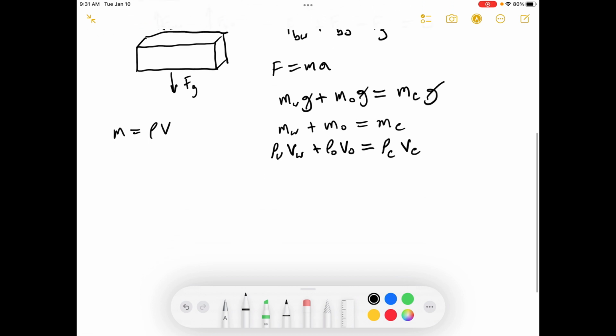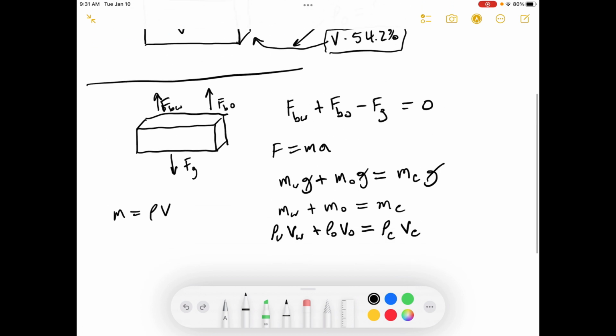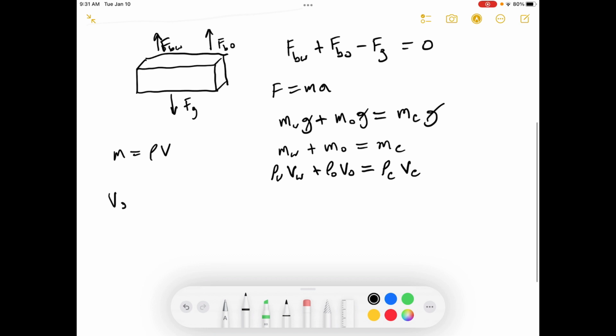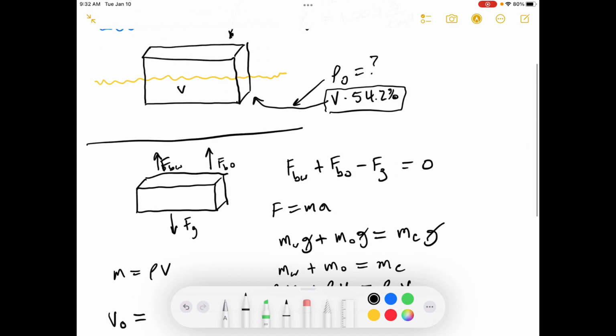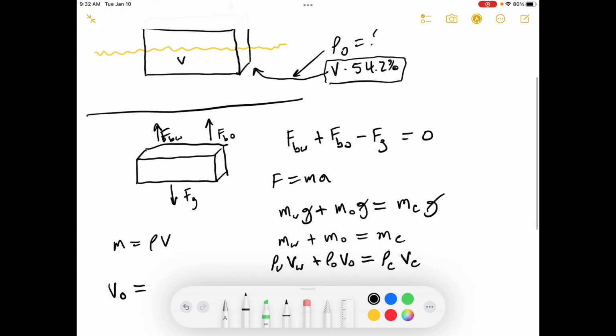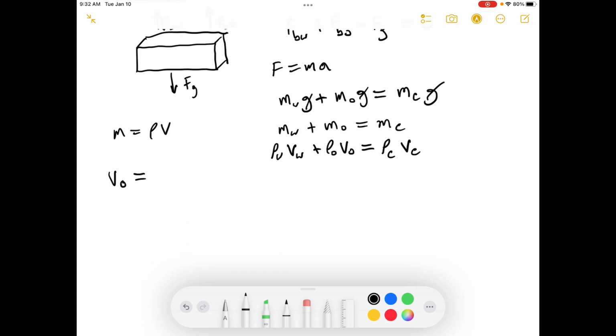Okay, so we know that the total volume of oil that was displaced is equal to, I'm going to call it, 54.2. That's the fraction of the block that's submerged.